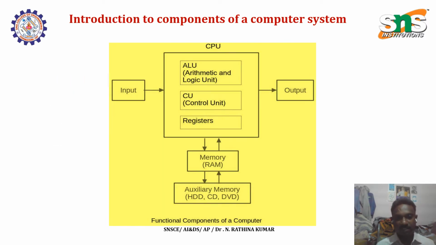Before that, this is the functional components of a computer. In this diagram, there is an input, CPU, output, and also memory and auxiliary memory. In our next slide, we are going to see the definition of each component.